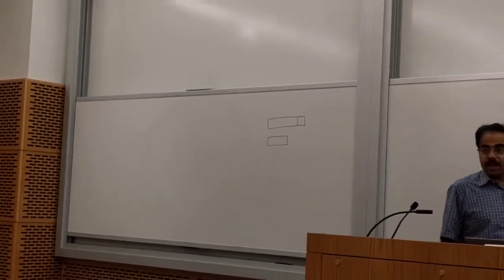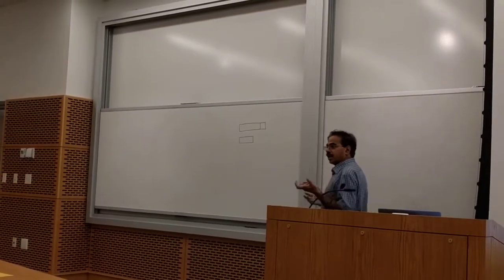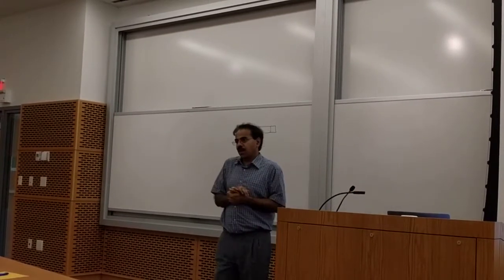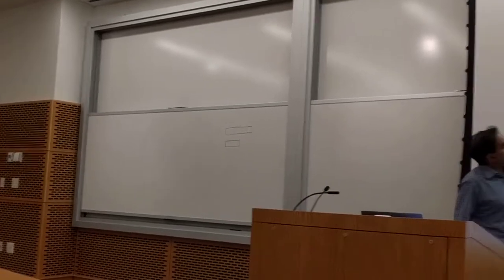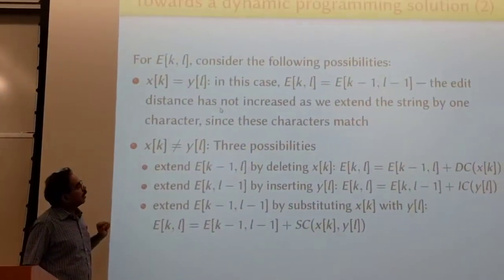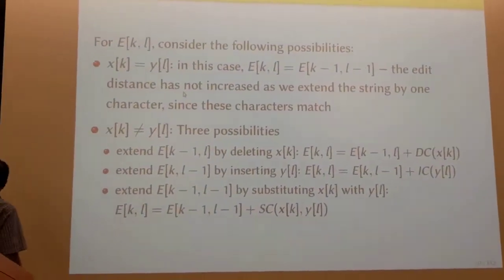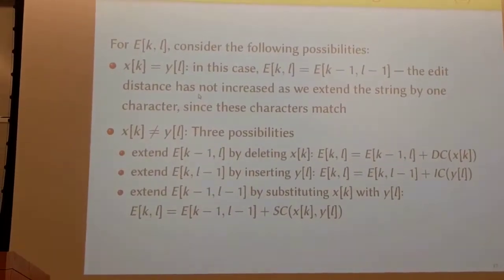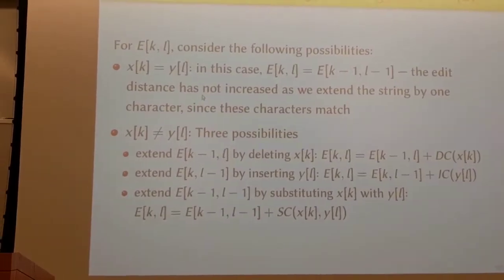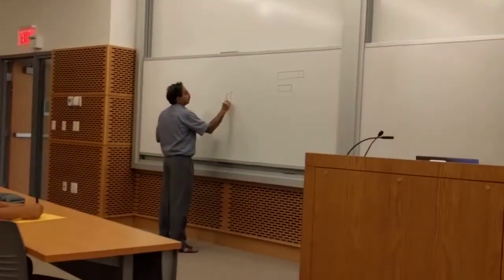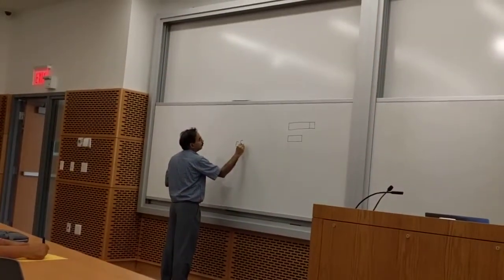The edit distance, as you remember, allows you to take a string x and convert it into a string y. So what we already know so far are the 3 cases.